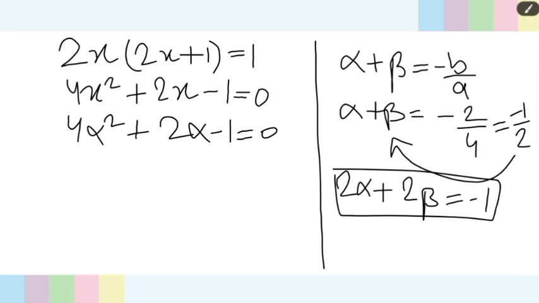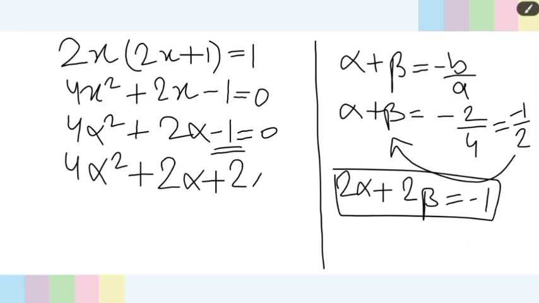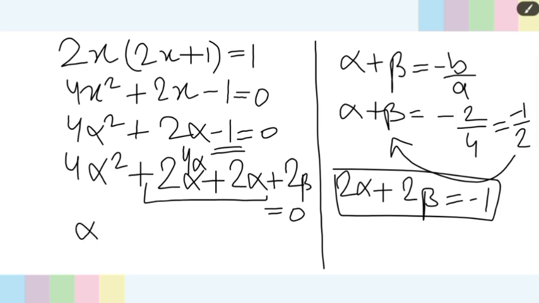We'll be using this value of minus 1 and substituting minus 1 with 2 alpha plus 2 beta over here. So it will become 4 alpha square plus 2 alpha, and minus 1 will become 2 alpha plus 2 beta, is equal to 0. Now if we calculate this, 2 alpha plus 2 alpha will become 4 alpha. If we divide the equation with 4, we'll be getting... we'll not be dividing it with 4, we'll be dividing it with 2.